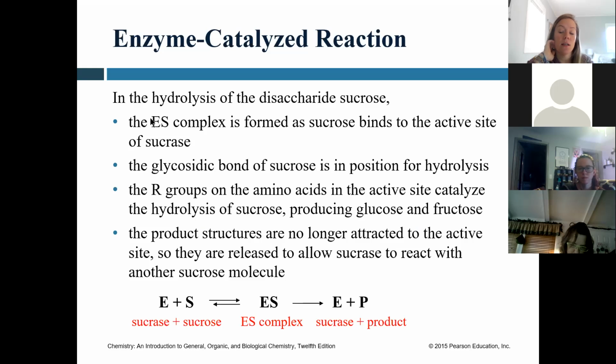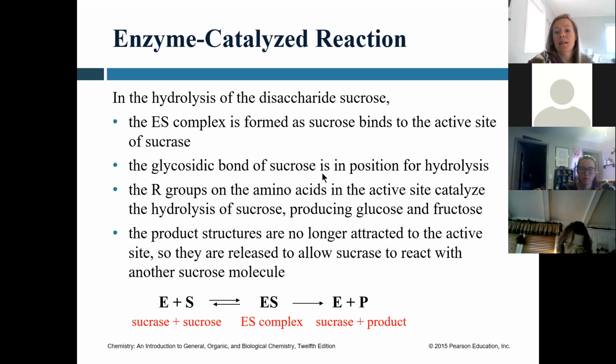So in the hydrolysis of the disaccharide sucrose, the ES complex, or the enzyme substrate complex, is formed as sucrose binds to the activation site, specifically of sucrase. So sucrase is the enzyme, right? It's doing its work on sucrose, so we add ASE.